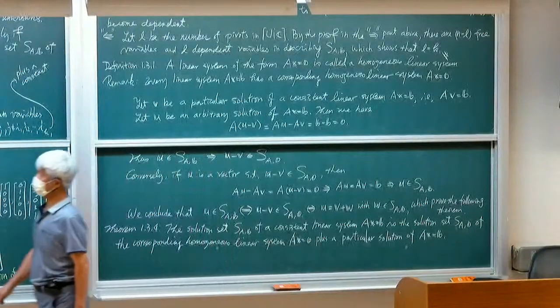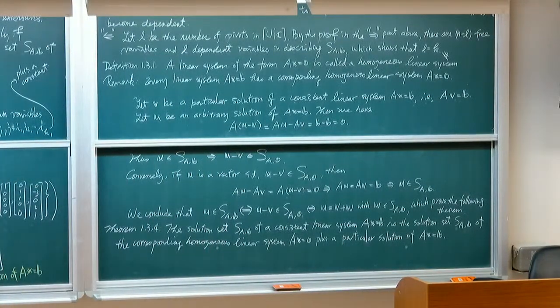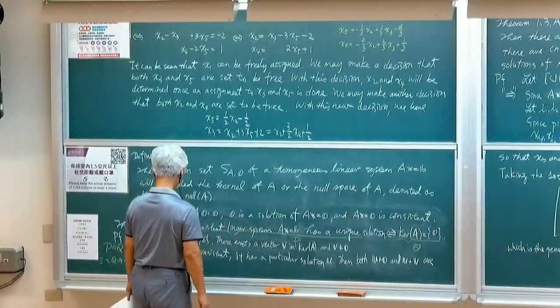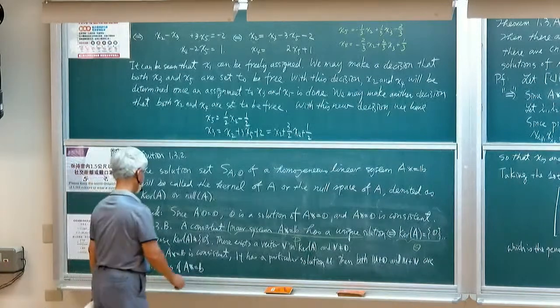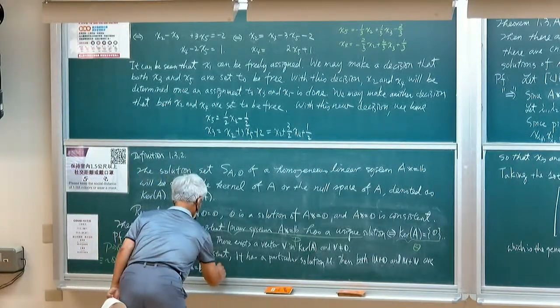If we add up a particular solution with a solution in the kernel of A, then you have a solution for the original linear system Ax equal to B. Okay, so both are solutions.